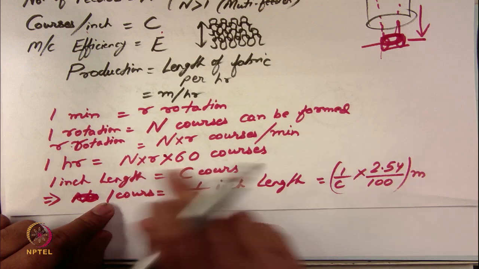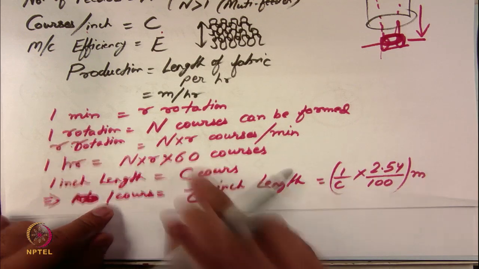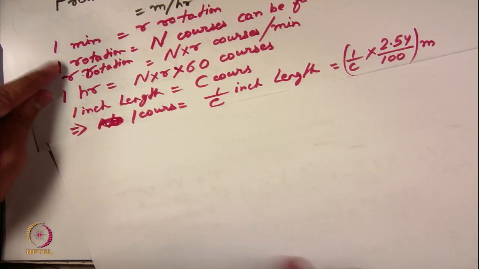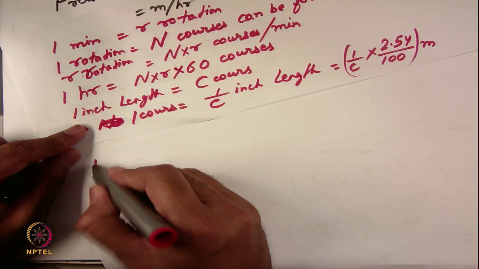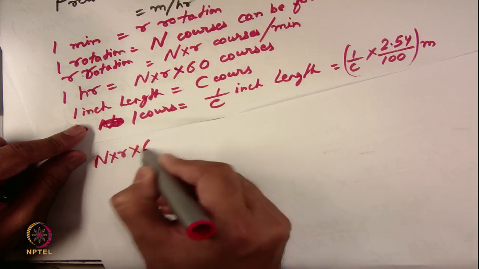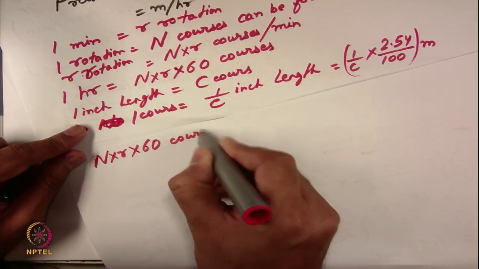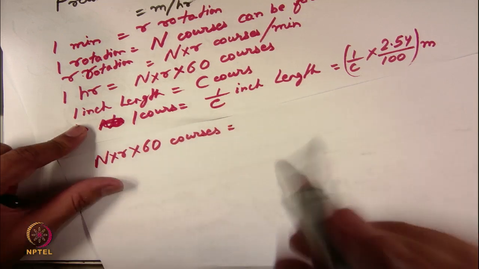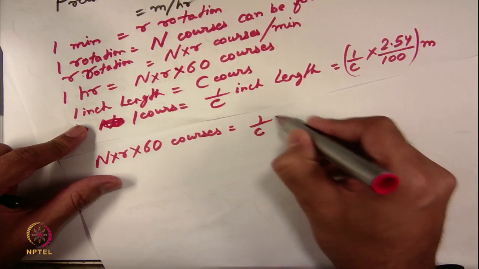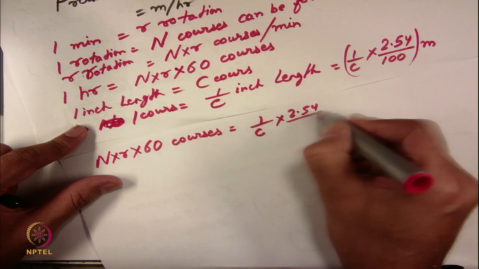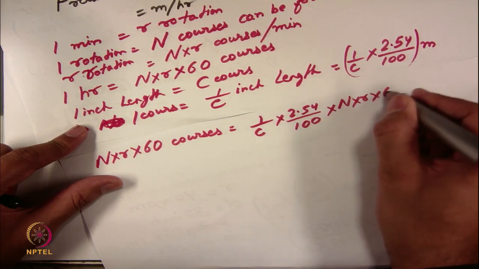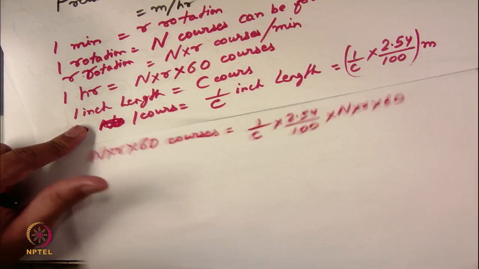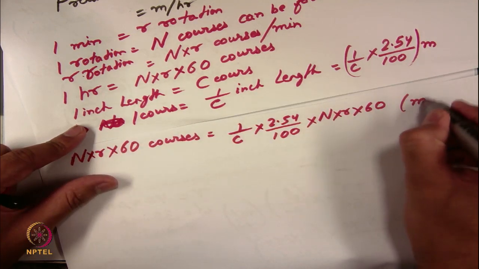So, you have produced n into r into 60 courses, and 1 course has 1 by C inch length. So, n into r into 60 courses is equal to 1 by C into 2.54 divided by 100 into N into R into 60 meter.